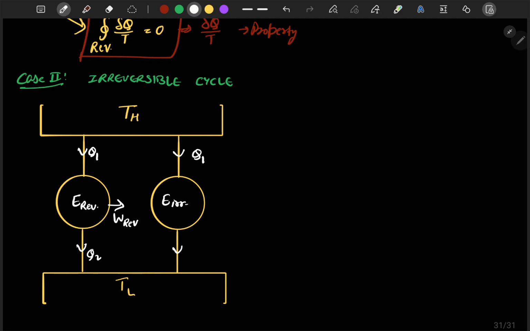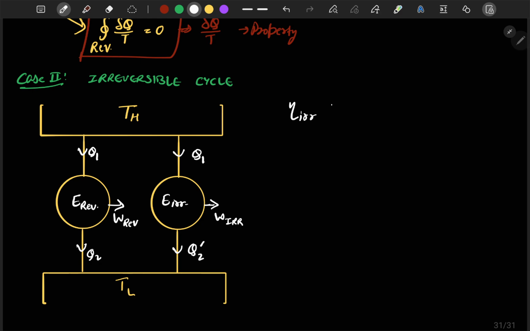Both absorb the same amount of heat, but while rejecting, the irreversible engine will reject some other heat, let's say Q2 dash, and produce work W irreversible.